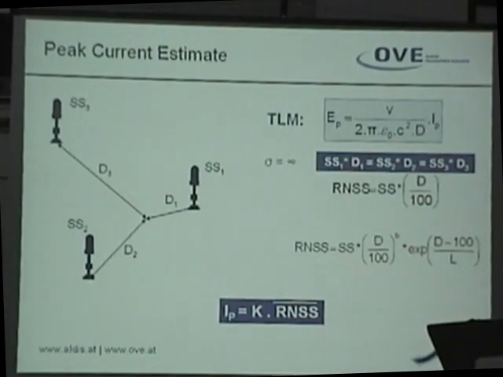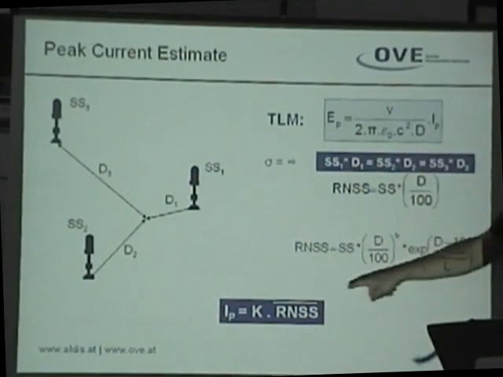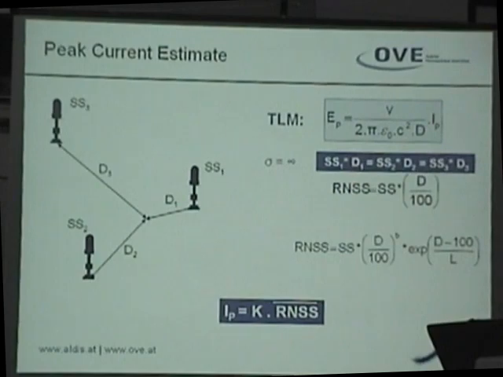Originally, this calibration factor for the very old systems was determined from the transmission line model, because if you assume a certain return stroke speed, you can easily calculate a factor K. This was done: the range normalized signal strength times 0.23 gave the peak current. Nowadays, a different approach is used. This factor K was mainly determined with triggered lightning or with data from tower measurements.